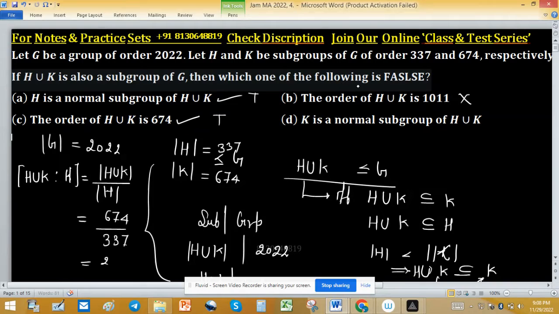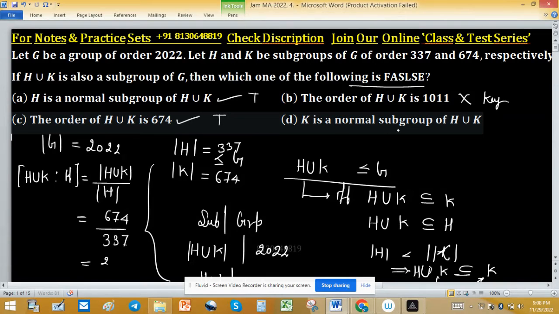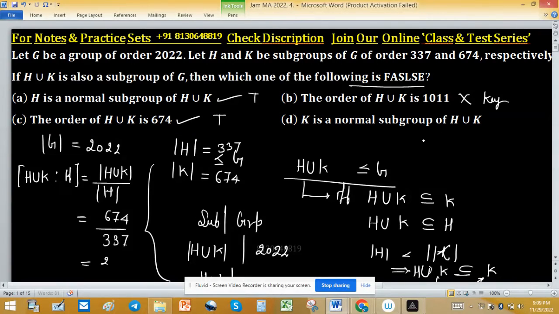So this is true, option A is true, and the question is asking which one is false. So option B will be the key for this problem. K is a normal subgroup of H union K. You can find the index also, the index of K in the union.